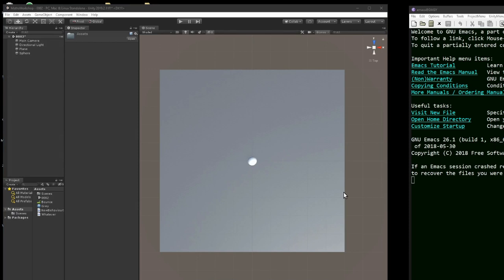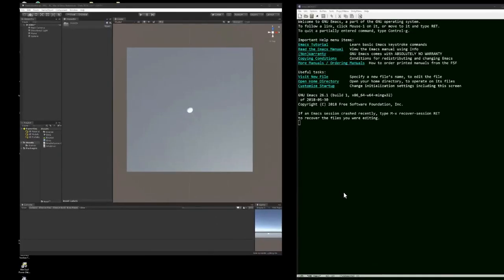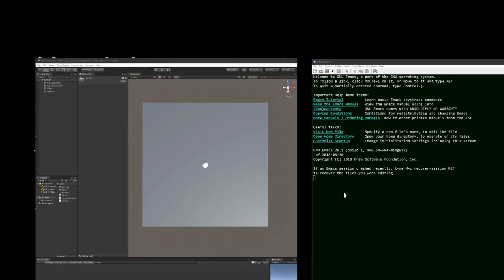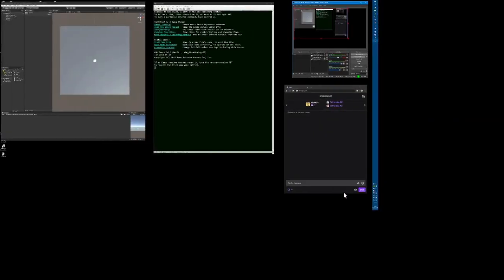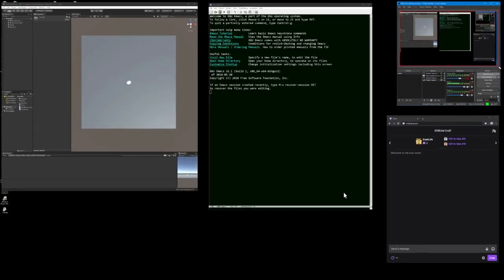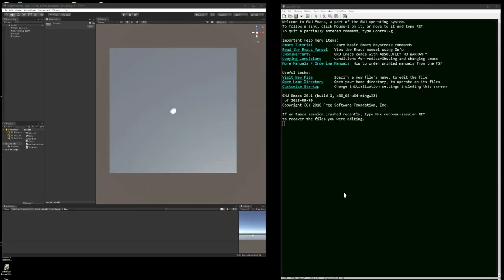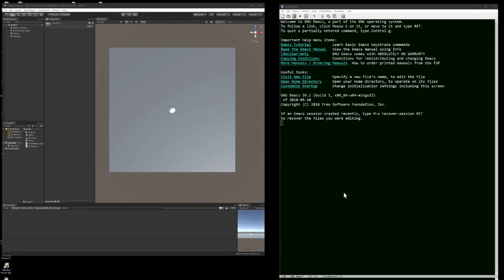I will keep that there, and then I suppose this works, and then I can actually stretch this out, and then, ooh, that's cool.